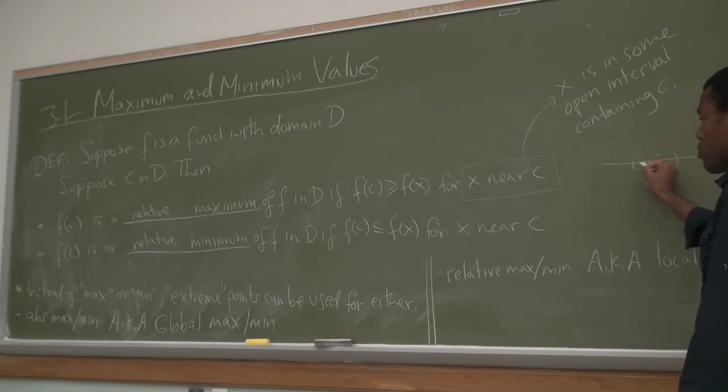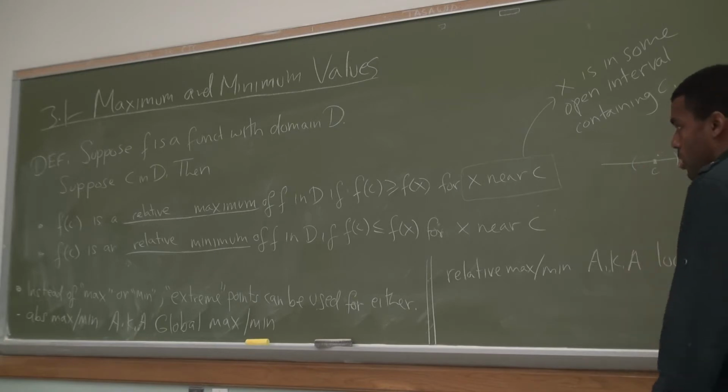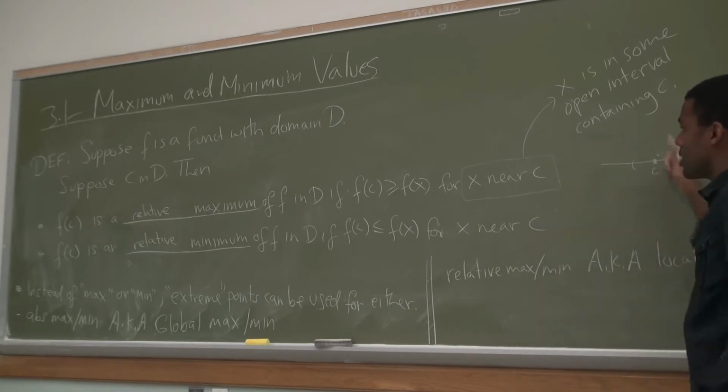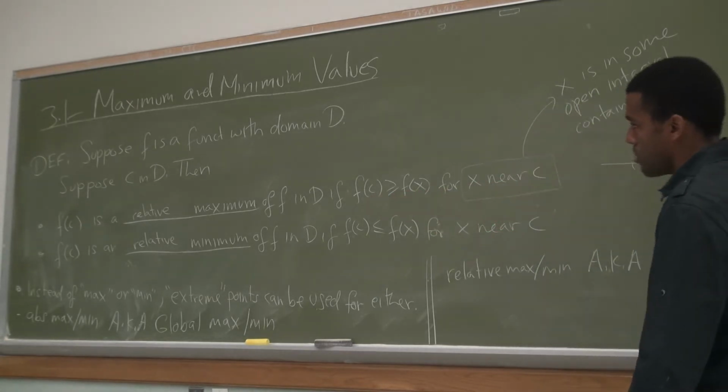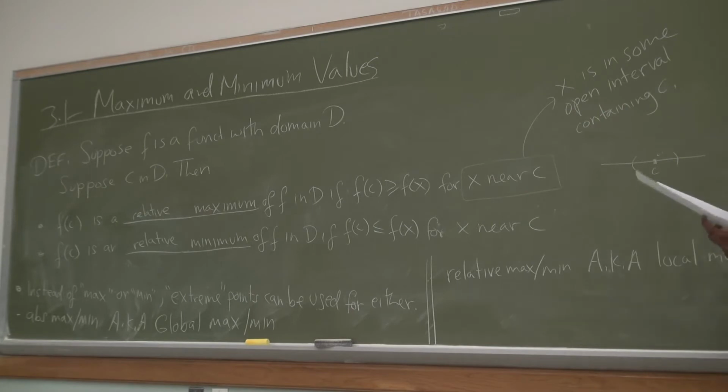Your x is going to be somewhere in that vicinity. So as long as you're close to c, c is the y value that's the highest, you call it a relative maximum or relative minimum. I'll wait for you guys to write that down before I go on to the illustrations.